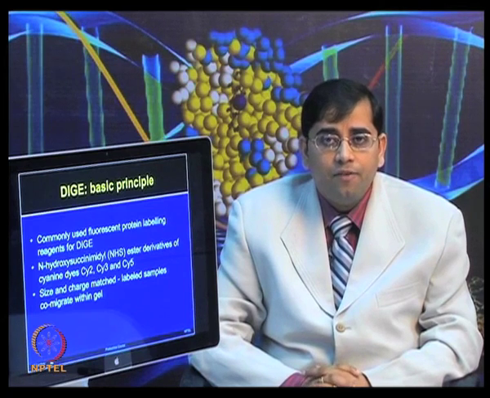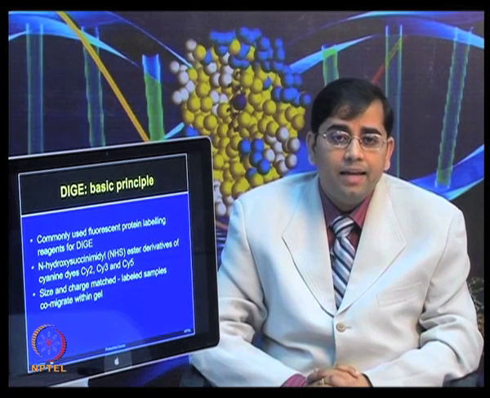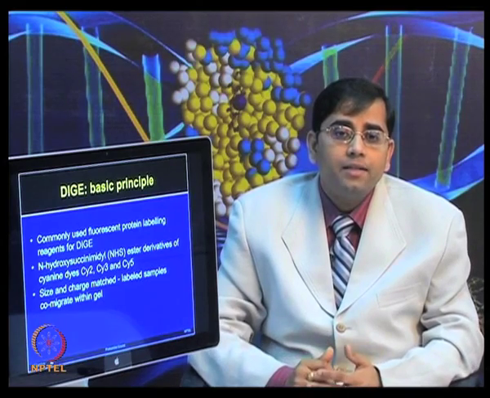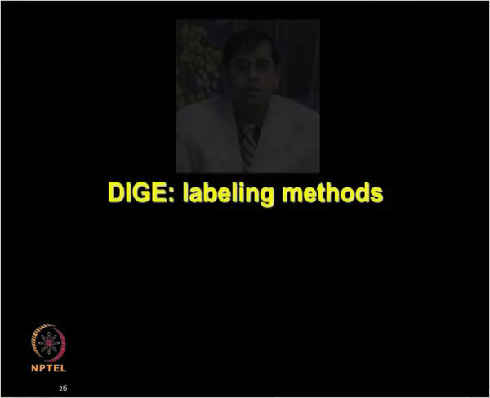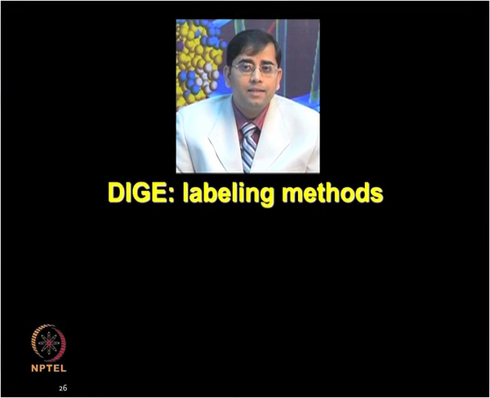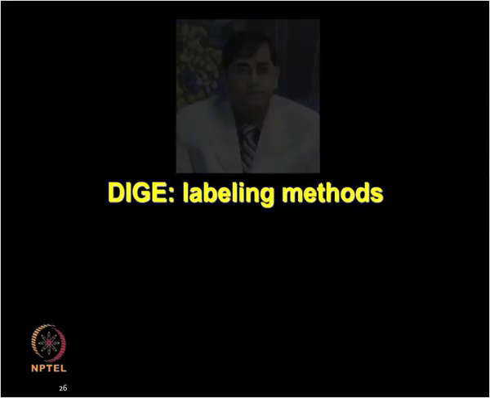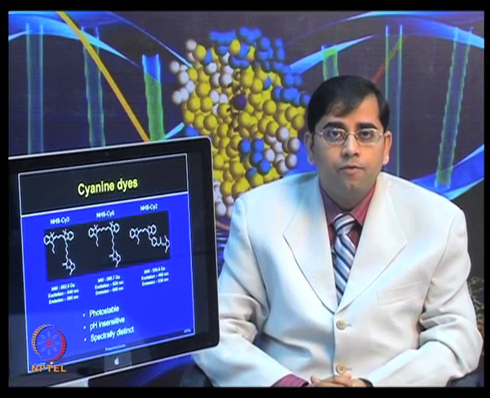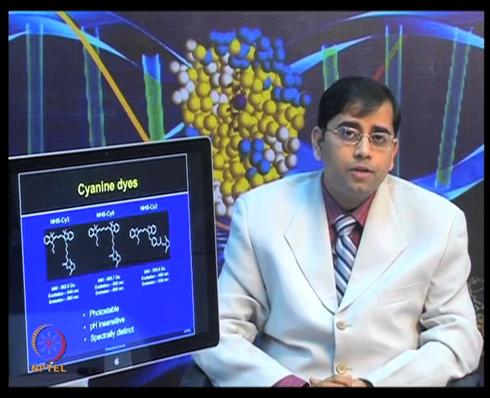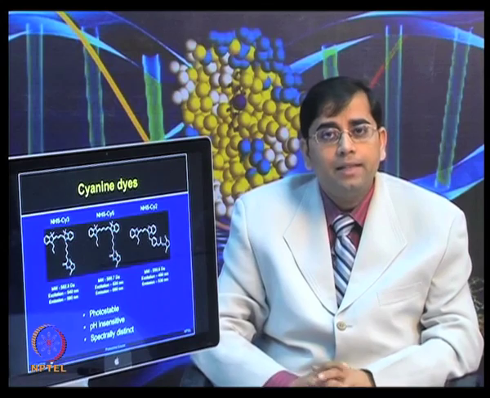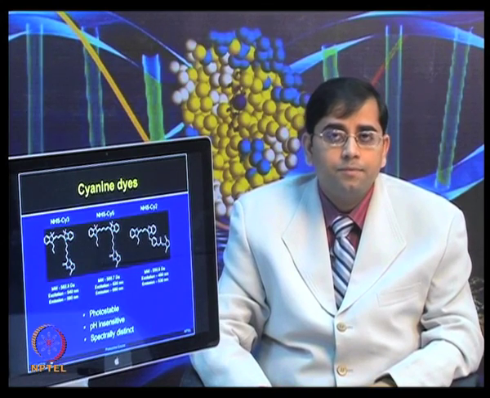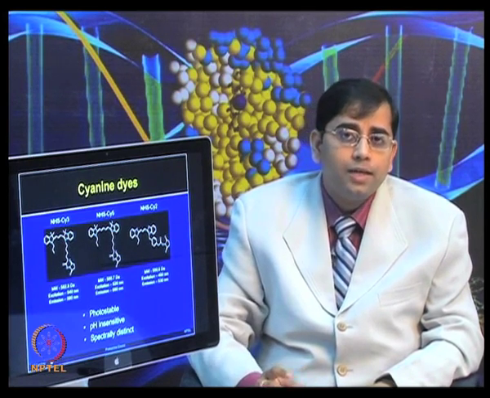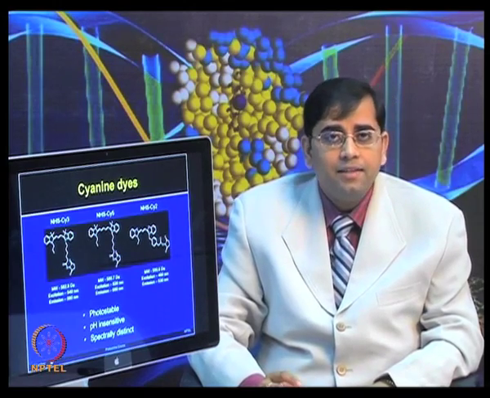Now, for Cy3 and Cy5, the size and charge of these dyes are matched, so that the labeled samples can co-migrate within the gel. Now, I will talk about the labeling methods used in DIGE technology. When we talked about the two-dimensional electrophoresis workflow in the last class, we looked at different staining methods currently available, such as Coomassie, silver staining, and SYPRO Ruby, and in that context I briefly described cyanine dyes.